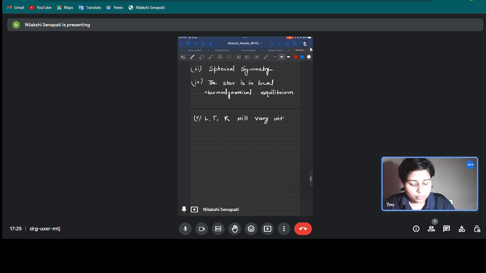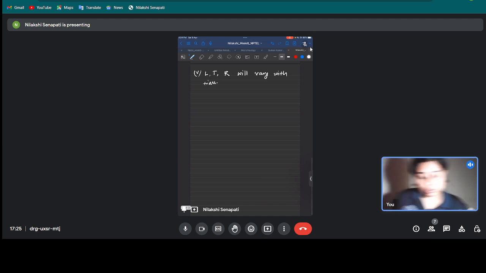Okay, now let us see what the quantities are that are going to vary when we start to model a star, or the dynamics of a star, like how it will vary with time.